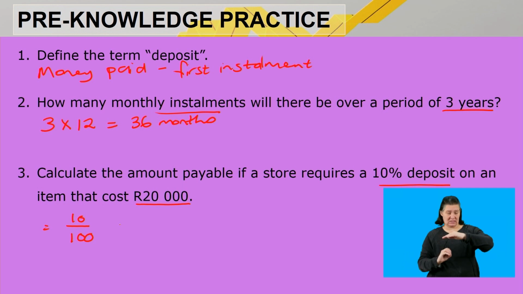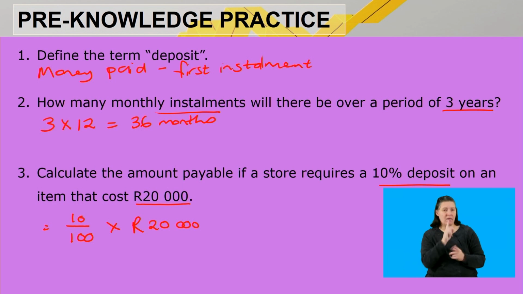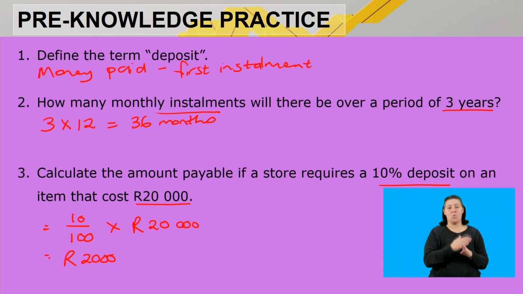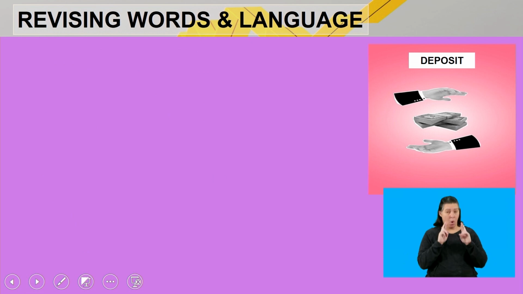Of means I multiply, of the item that costs 20,000 Rand. So there's my calculation, I'm going to punch that in. I know some of you know the answer straight away. So 10% of 20,000 will give us 2,000 Rand. Can you see I've used my unit? I indicated Rand because we are working with money. Okay, so I hope that is straightforward.